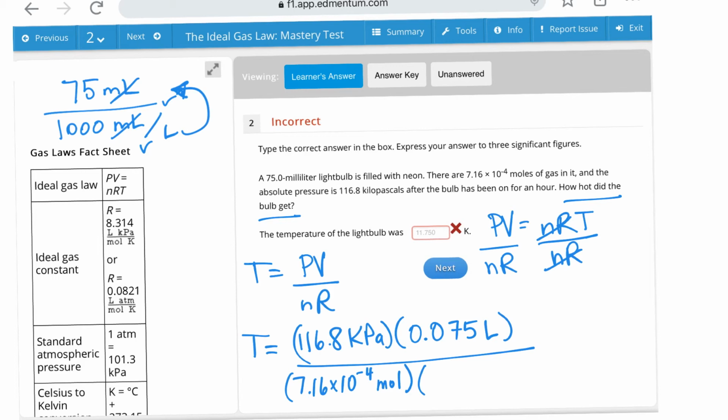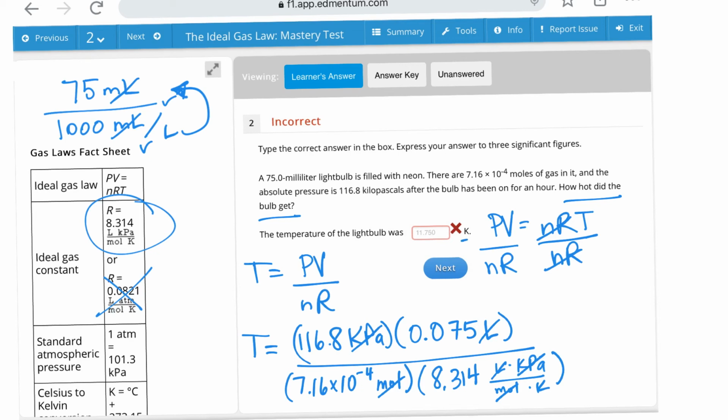Now this time our pressure was not in atmospheres, it was in kilopascals, so we need this one: 8.314 liter kilopascal divided by mole Kelvin, which is a long unit, but it all cancels out. Kilopascals, liters, and moles cancel, leaving you the temperature in Kelvin. And they asked for it in Kelvin, so that's good.